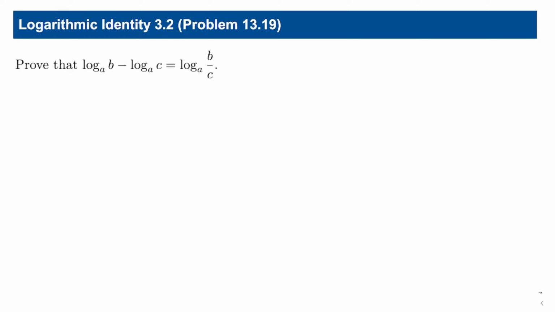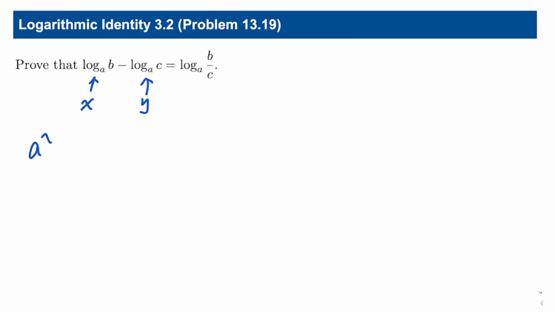Prove that log base a of b minus log base a of c equals log base a of b over c. Let's denote this as x, denote this as y.